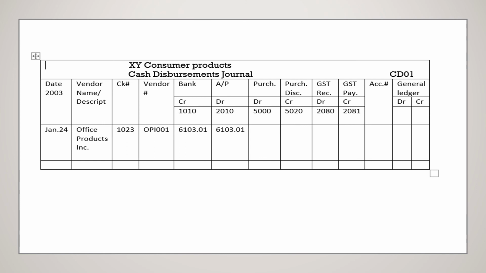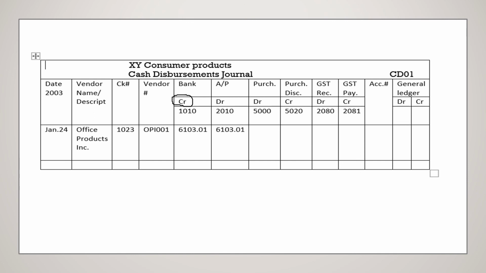Bank always represents, or sometimes represents, cash. So when you're withdrawing that cash from the company's bank account, you are reducing cash as an asset account, so you have to credit it. And the amount is 6,103.01.